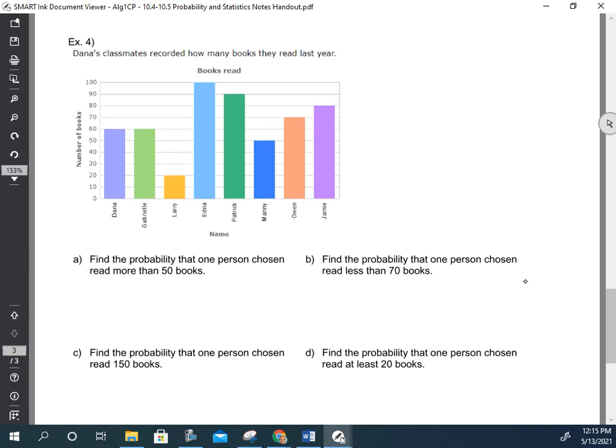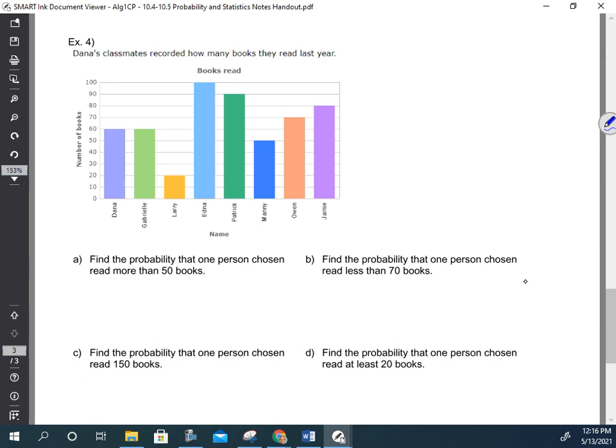All right, last example. So this example is going to combine probability and the statistics that we use. Dana's classmates recorded how many books they read last year.